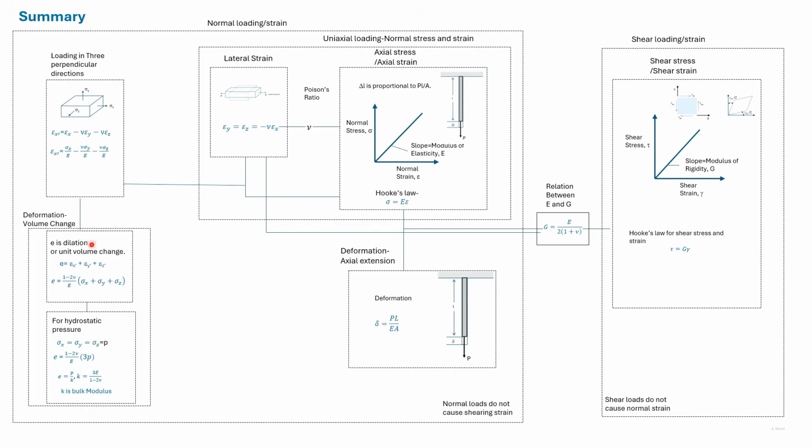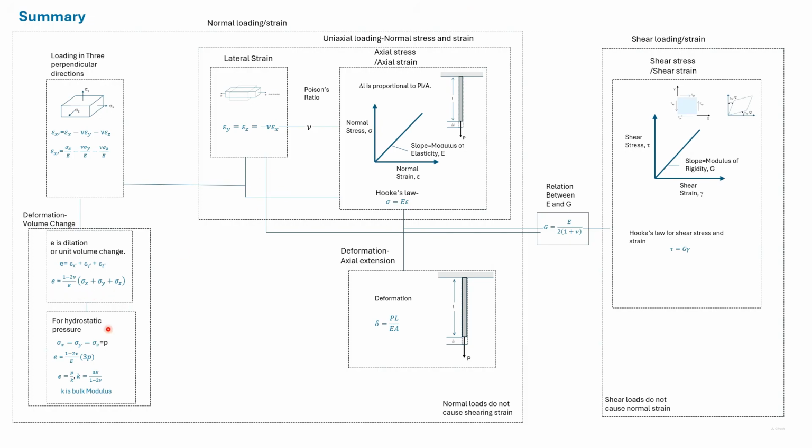So E is equal to epsilon x dash plus epsilon y dash plus epsilon z dash. Now substituting this expression and the corresponding expressions for epsilon y dash and epsilon z dash, we get this formula.